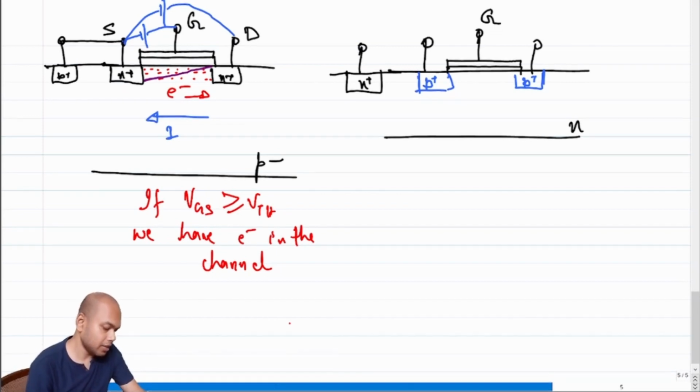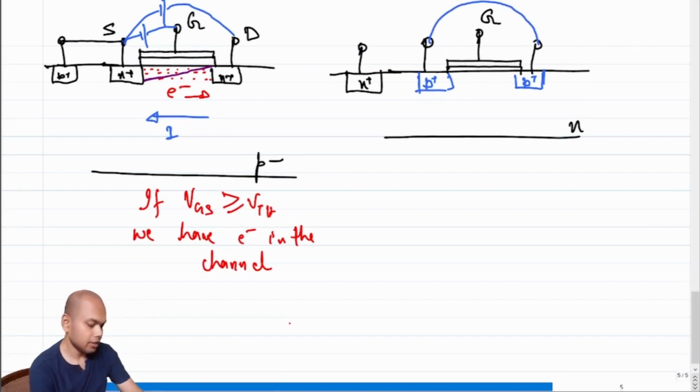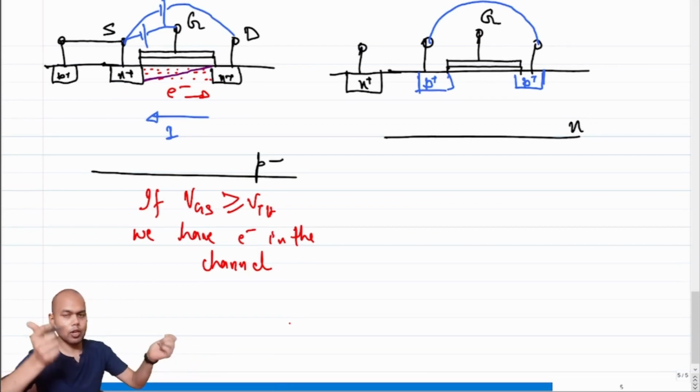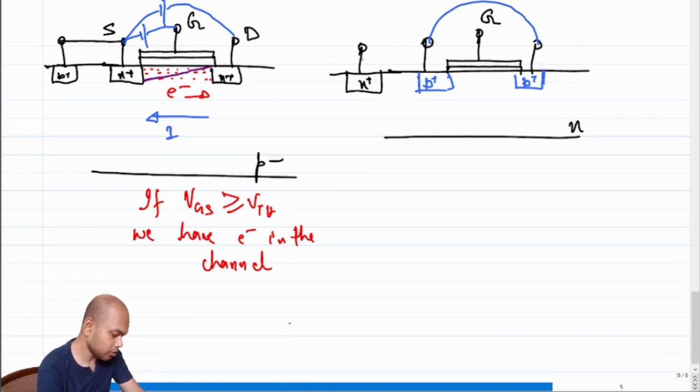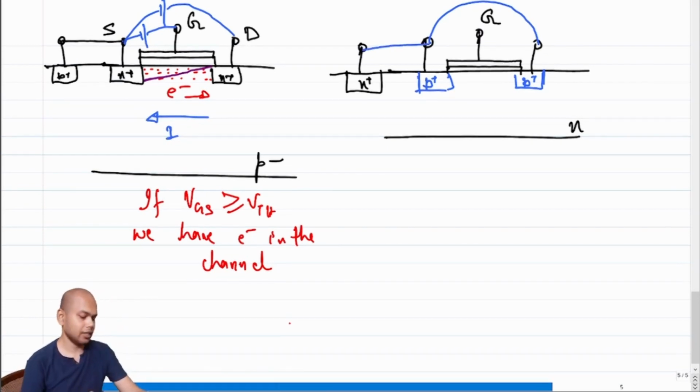Okay, so now let's see what's going to happen. Let's further assume, like in the case of the NMOS transistor, that the two terminals which we will be calling source and drain are connected, just like in the case of an NMOS transistor.